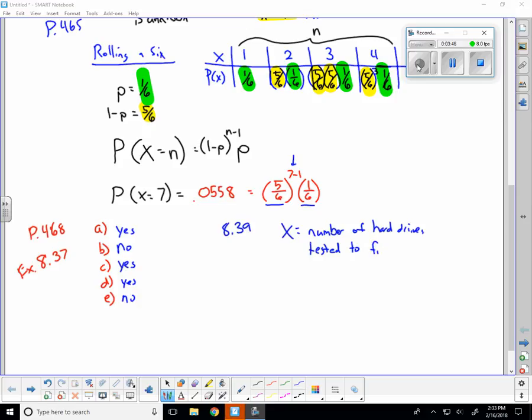To find a defective. So if X equals 1, that's saying that we tested it and the first one was defective. If X equals 10, that means that 9 of them were good and the 10th one was defective. Right? So what constitutes a success? We're still in A. What constitutes a success is a defective drive.